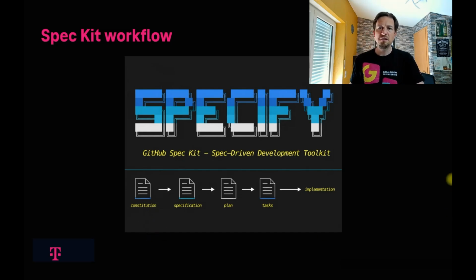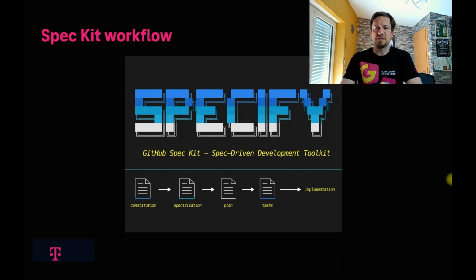So the Spec-Kit in general consists of 5 steps. First of all, constitution creation, then the specification about what to build, the plan how to build it, the detailed task list, and then the implementation following the tasks after each other.